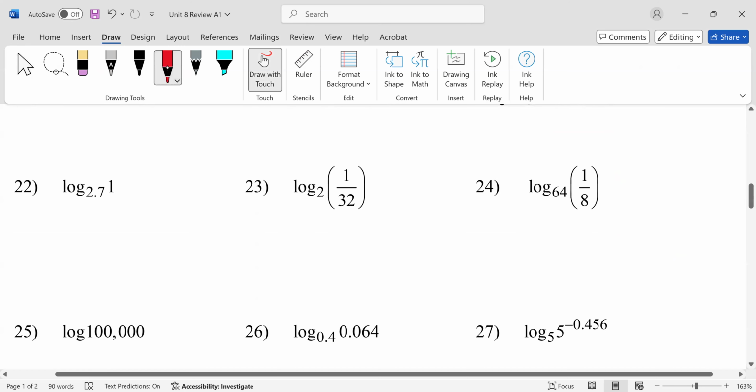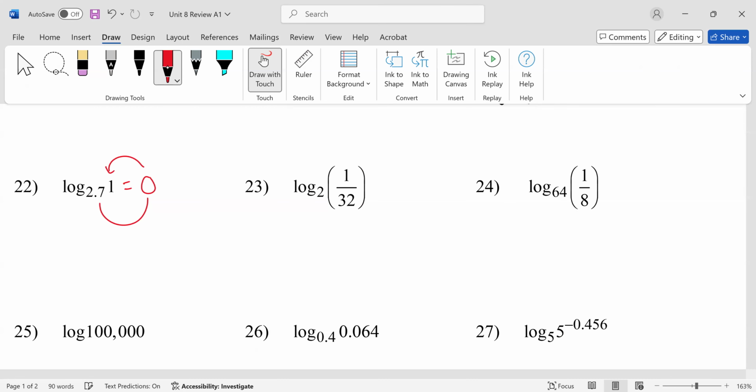Okay, 2.7 to the power of what will give you 1? 0, because anything to the power of 0 is 1. Okay? Don't let this fraction throw you off. 2 to the power of what will give you this 32? 5, and since it's in the denominator, what do you know? It's negative. There you go.